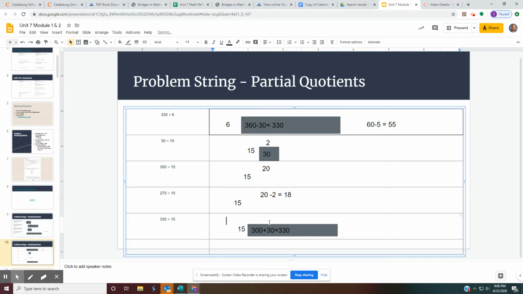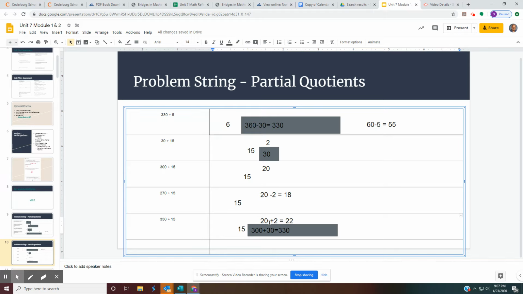So I will first do my 300, which is 20. And now instead of subtracting, I'm going to add 2. So then my answer is going to be 22. All right, partial quotients, they can help us. If we just focus on the information that we know, it makes this whole process a whole lot easier.